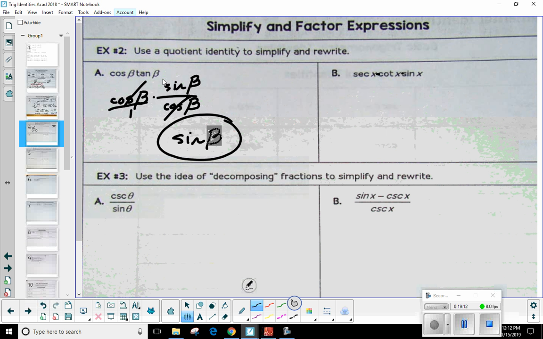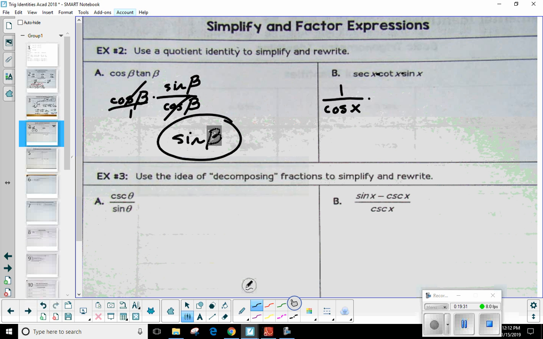So secant is the same as what? 1 over cosine of x. And see, even though we have the variable x, the rule still applies. Times cotangent. So is that sine over cosine or cosine over sine?